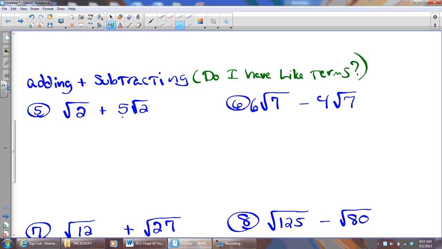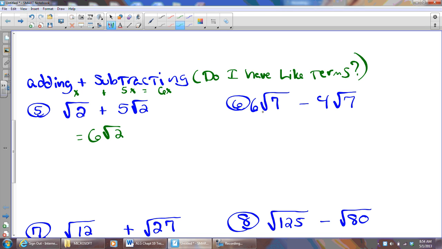For example, this 5 rad 2 right here, that's kind of like saying 5x. The rad 2 is x. And this is a plain old x, 1x. Well, x plus 5x, that would equal 6x, wouldn't it? Well, rad 2 plus 5 rad 2 is going to equal 6 rad 2. You're just counting how many rad 2's you have. Pretty simple stuff if you think about it.